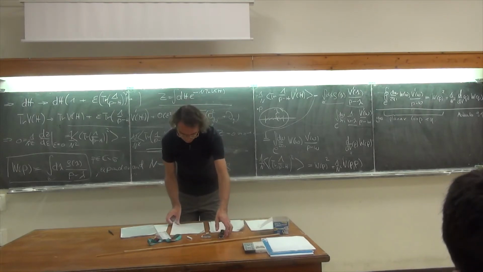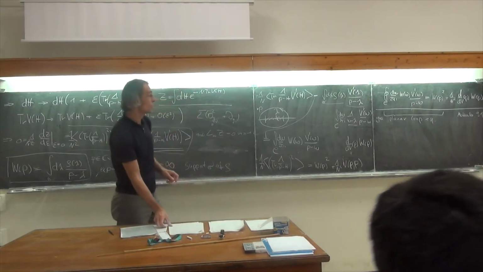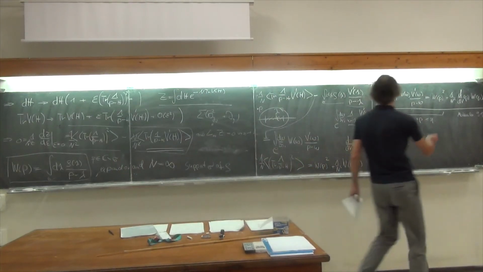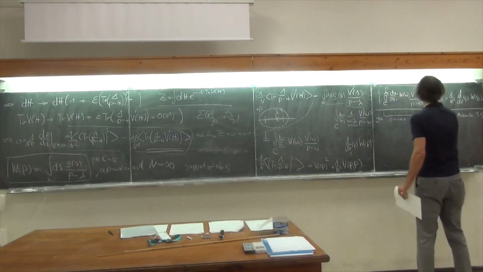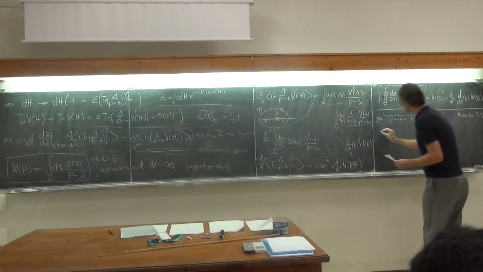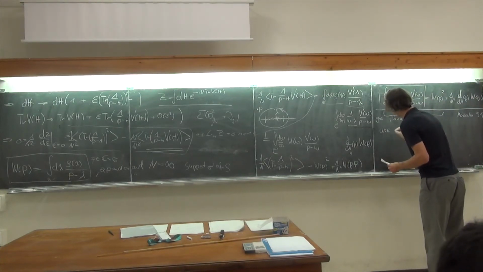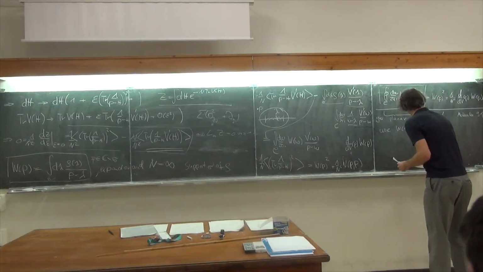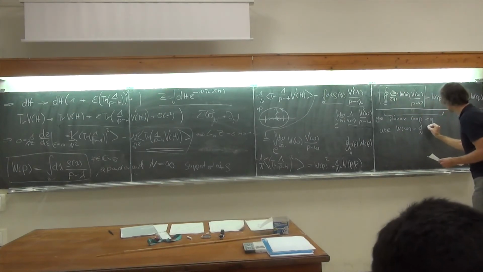So the first step we need to do is massage this object here a little bit. And what we will need for that is the fact that we use that resolvent, which, let me write it again.